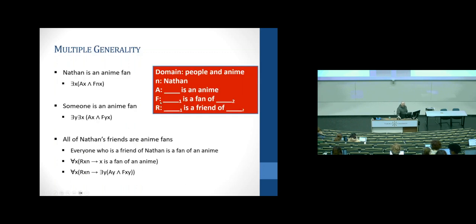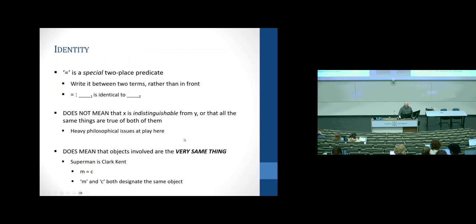Note here we had to specify that F is a fan of relation and R is a friend of relation. We never have to specify with identity. If you use this symbol, it always represents identity.